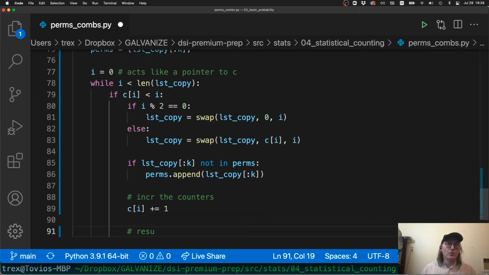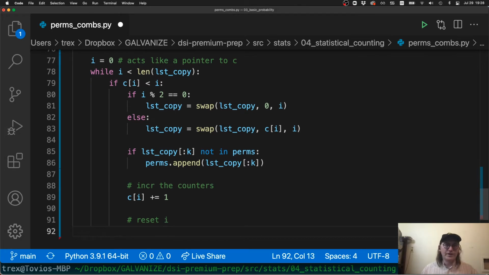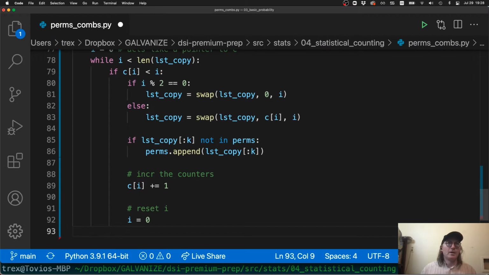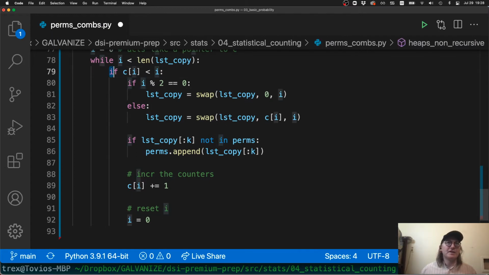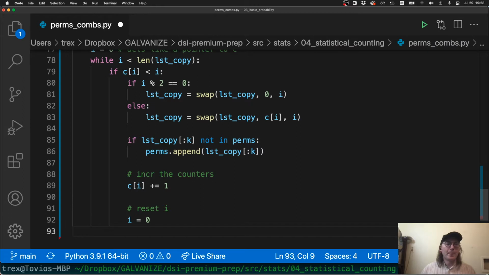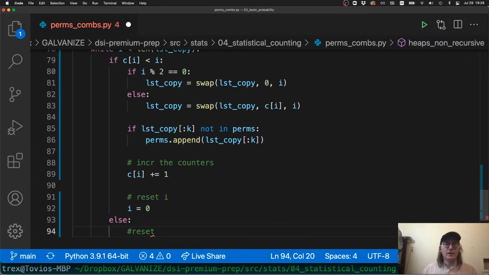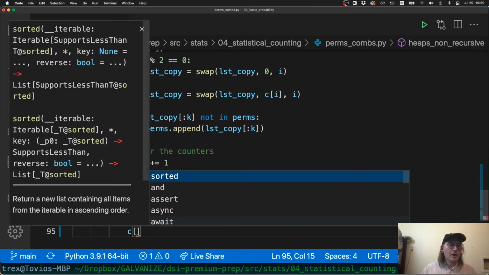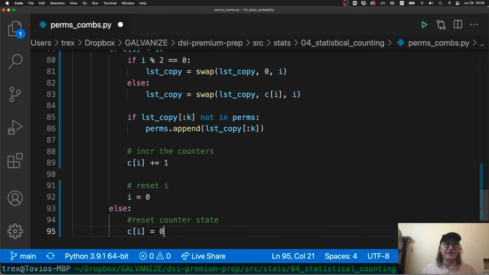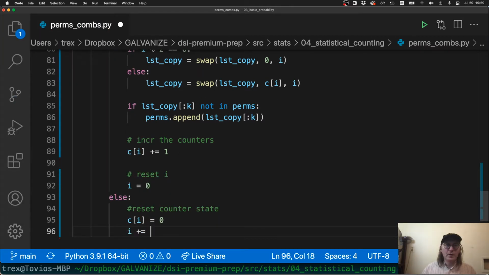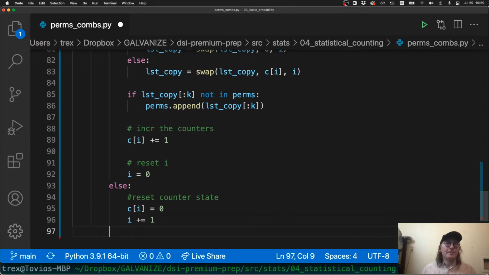And we also reset the value of I once we get down to this point, in case C sub I is less than I. Otherwise, we're going to reset our counter state for C sub I, and we're going to set that to 0. And then we increment I.